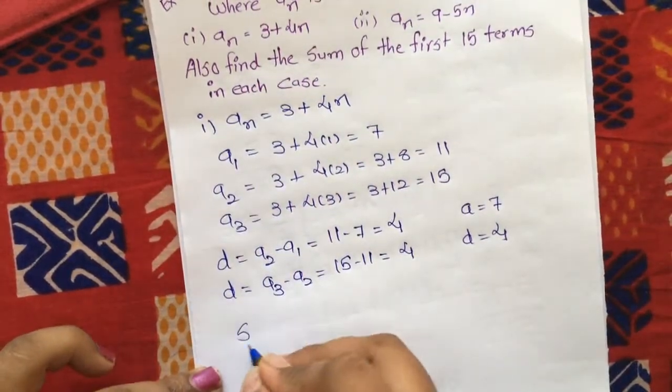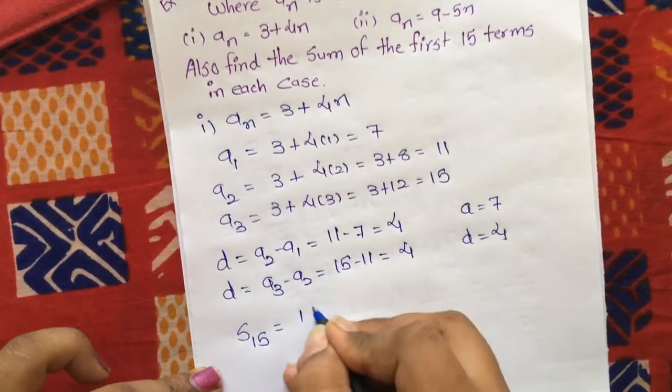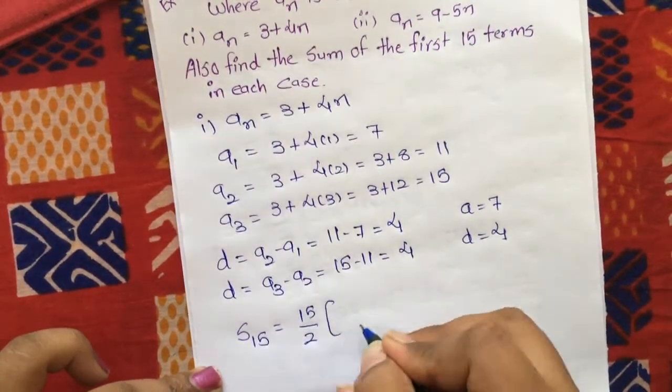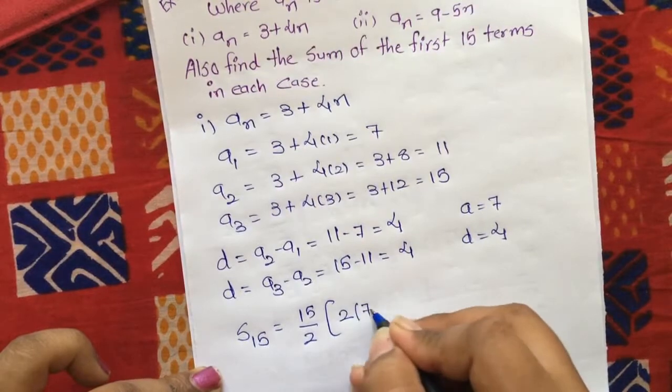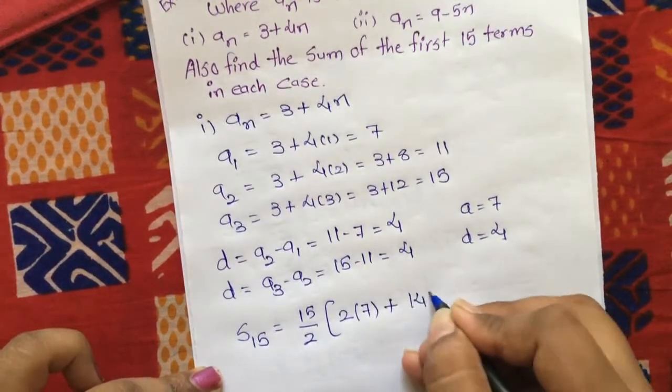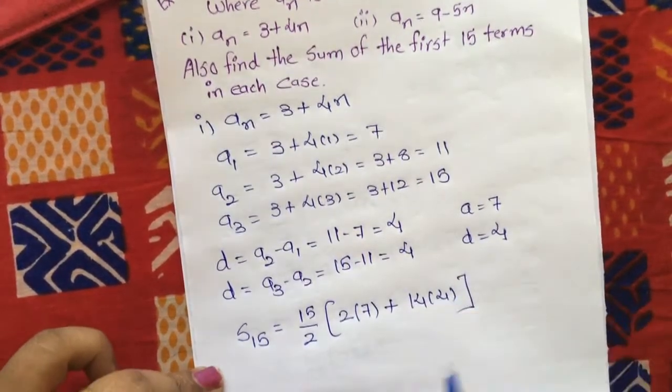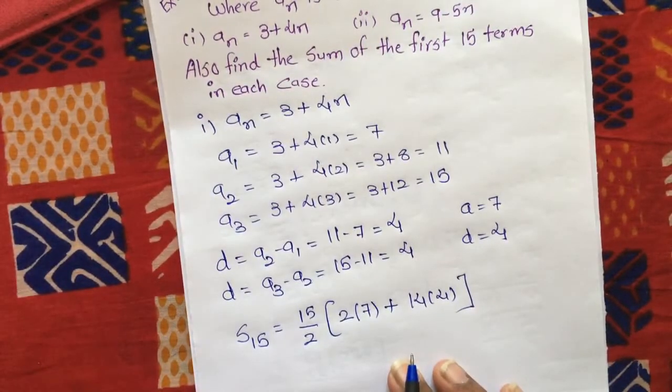So यहाँ पे क्या आ जाएगा, S15 is equals to 15 divided by 2 into bracket 2 into 7 plus 14 into 4. 15 minus 1, na?